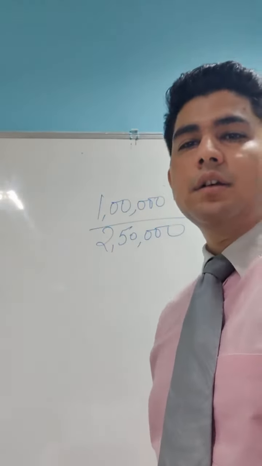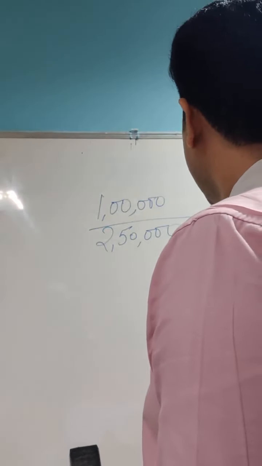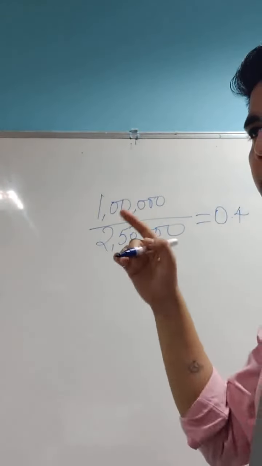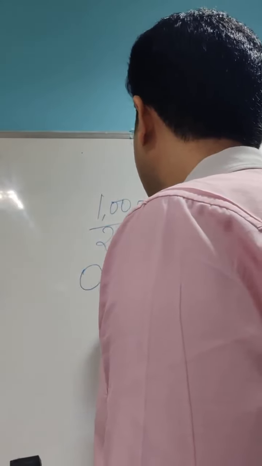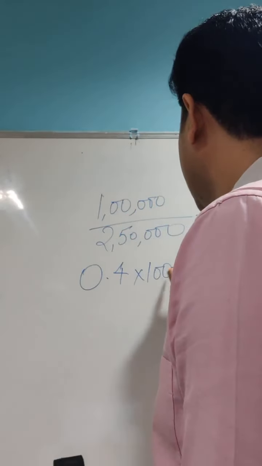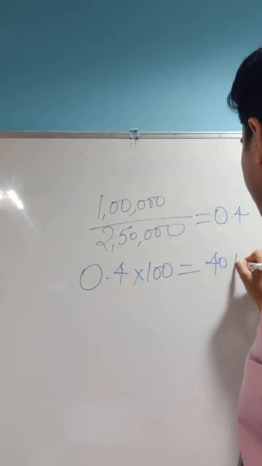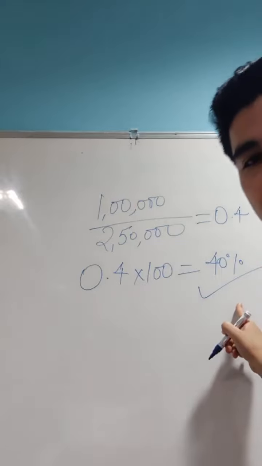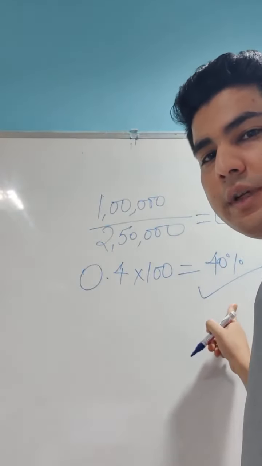So now you can calculate it and you will get a figure of 0.4, and once you multiply 0.4 by 100, you will get your answer as 40%. So 40% is the yield you achieved the previous night as per the situation.